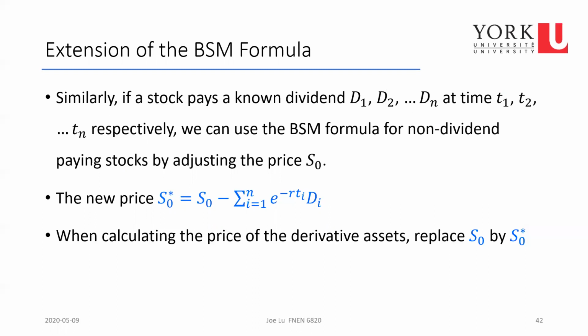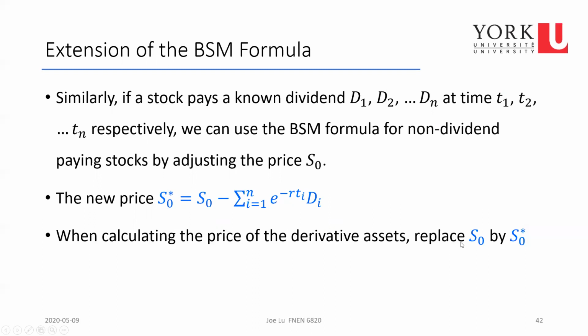Now, in this case, the same analysis will apply. Your new S naught is really S naught minus the sum of the present value of those dividends.